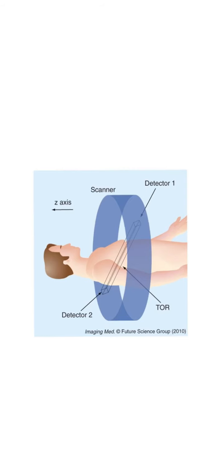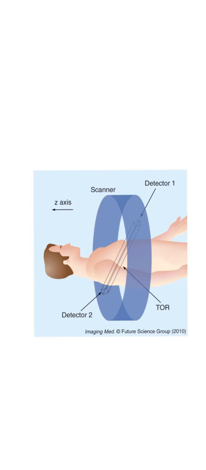This image is super helpful also to show you the idea of a bed position. So don't get too confused on what a bed position is. It's quite literally the position that the table, or the bed, is in on the scanner at that moment. So basically where the table is underneath your crystal rings.